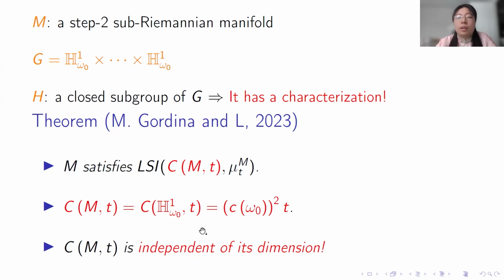So you get rid of the influence of both the dimension and the underlying geometry. The geometry of M can be messy, but the constant is the same. And in this concrete case, the log-Sobolev constant also has linear growth in the time t, and therefore we have dimension independence.